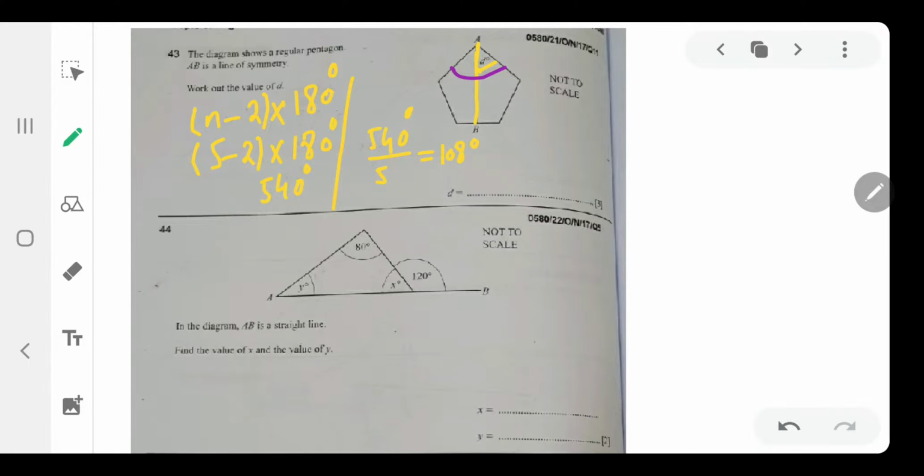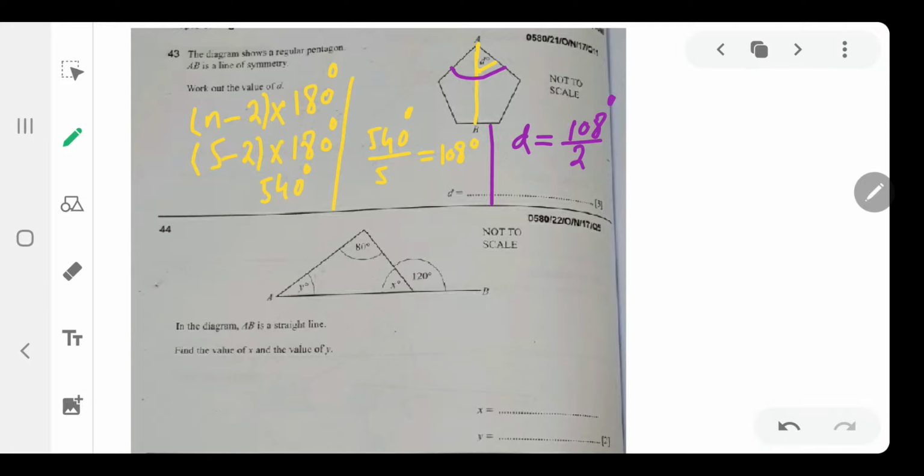Now because this line A to B is a line of symmetry, this line divides the angle into two parts. So to calculate the value of d, I have to divide this interior angle by 2. 108 divided by 2 gives us the required result.